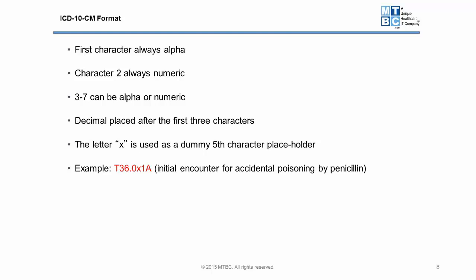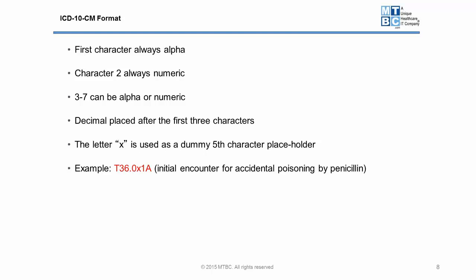And there is another rule that has been added to the ICD-10 diagnosis code. A decimal needs to be placed after the first 3 characters. That means you cannot place the decimal wherever you want to. It has to be placed after the first 3 characters. The letter X is used as a dummy 5th character placeholder.